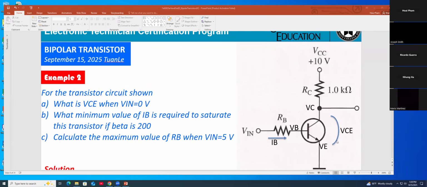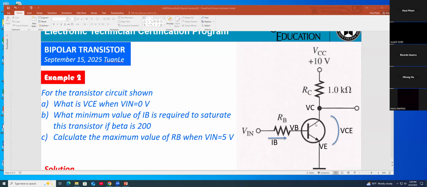For the transistor circuit, what is VCE when Vin equals 0? Vin equals 0, we know for sure there is no current IB. They're telling you the diode here is not working, and the transistor will be off.